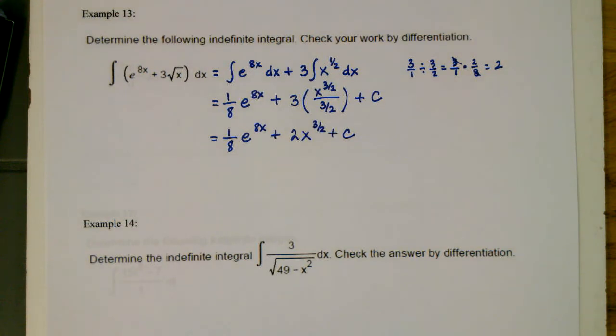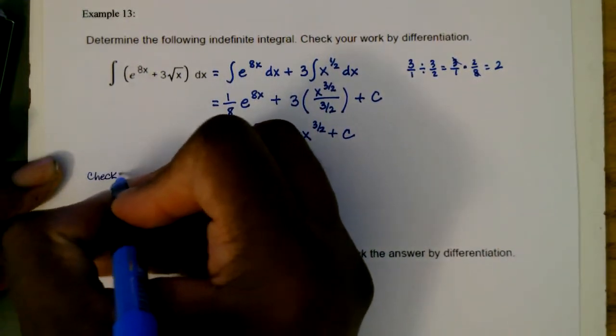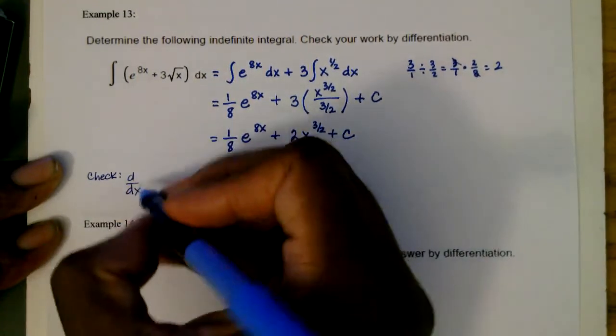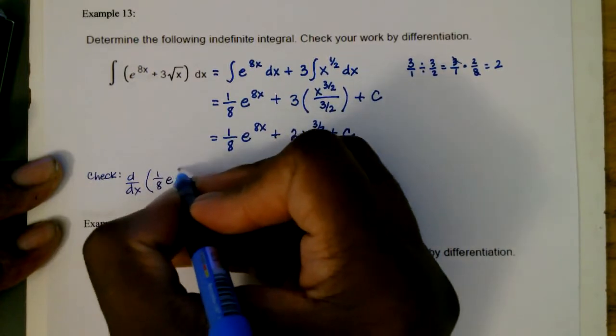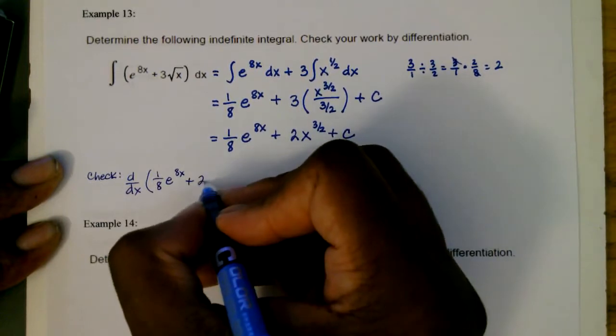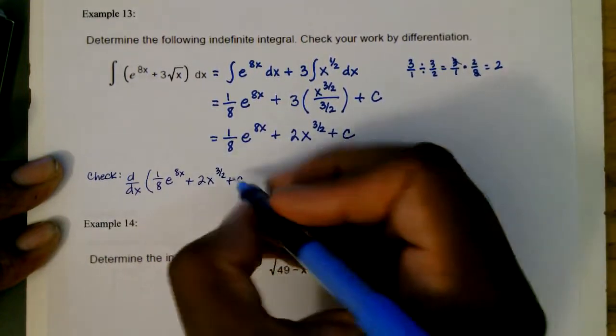Now, of course, they want us to check by using differentiation. So if you were to do the check, it'd be the derivative with respect to x of 1/8 e to the 8x plus 2x to the 3/2 plus c.